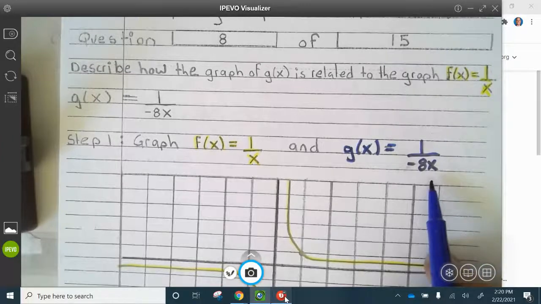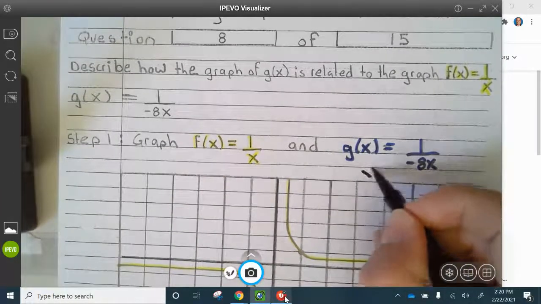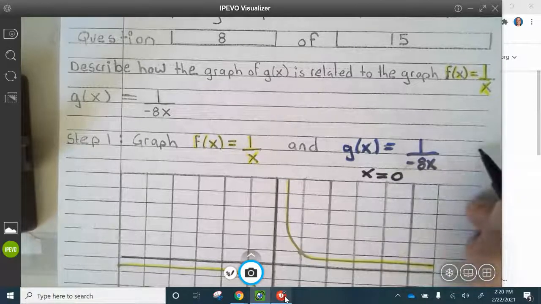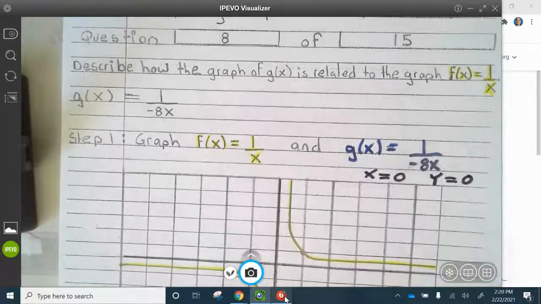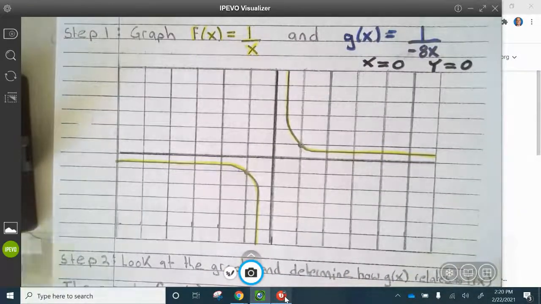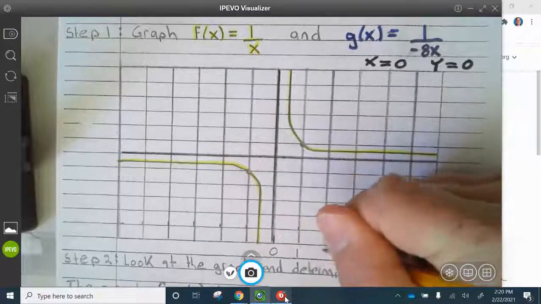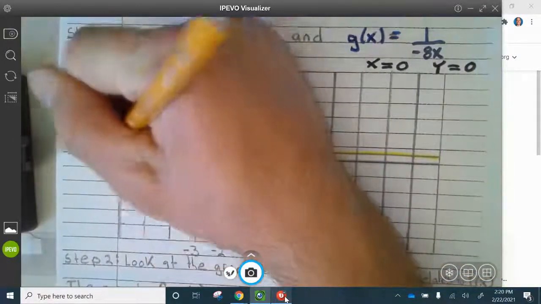All right, so our asymptotes are, let's just add the number scales here. 0, 1, 2, 3. Negative 1, negative 2, negative 3. So our asymptotes are at x equals 0 and y equals 0.